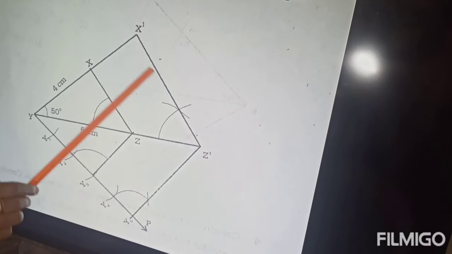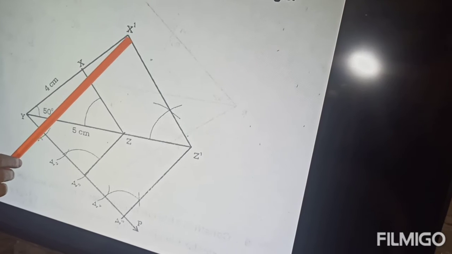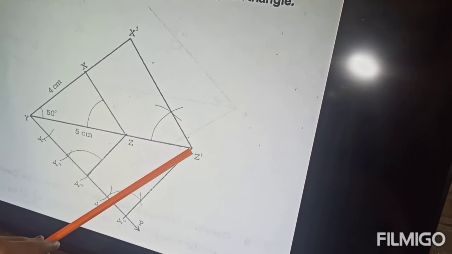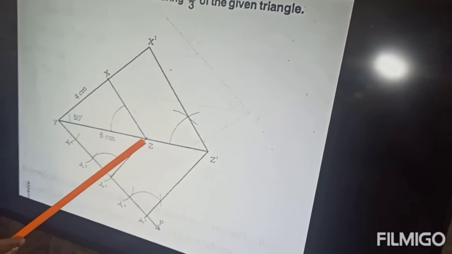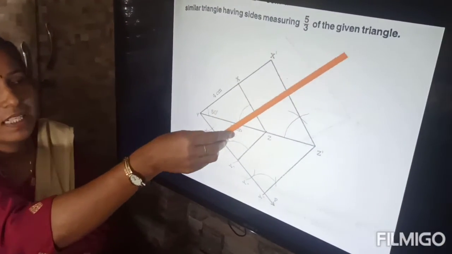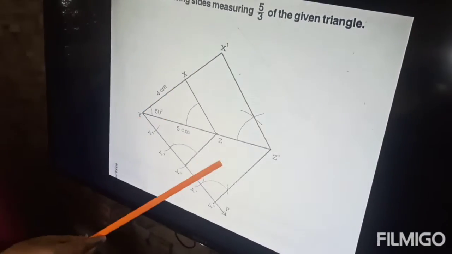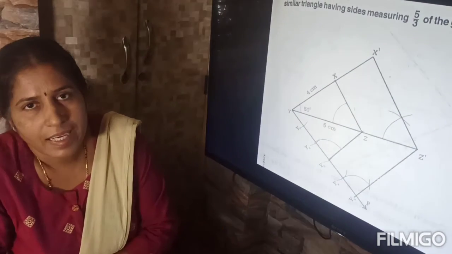Then produce that line, and also produce YX, both intersect at X dash. Then we got X dash, Y, Z dash. This triangle is the required similar triangle with the ratio 5/3 of the given triangle. Okay. X dash, Y, Z dash is our required triangle. Okay, understood? We'll do the next construction.